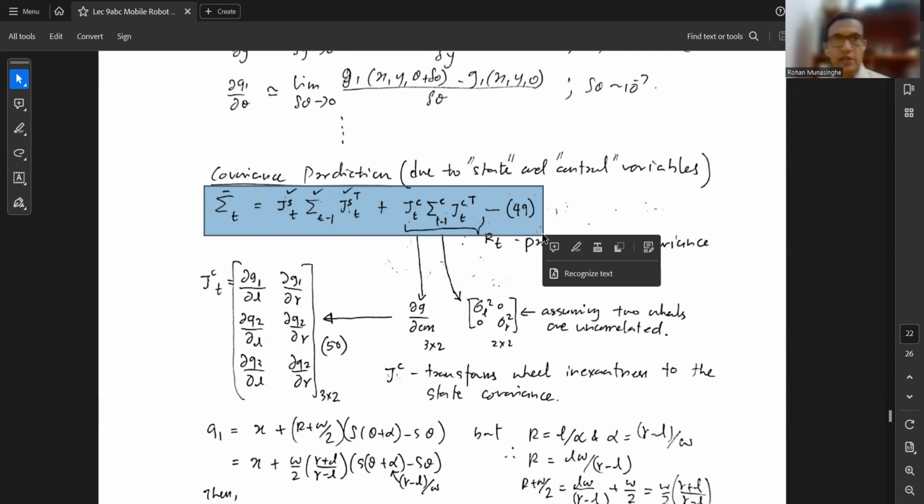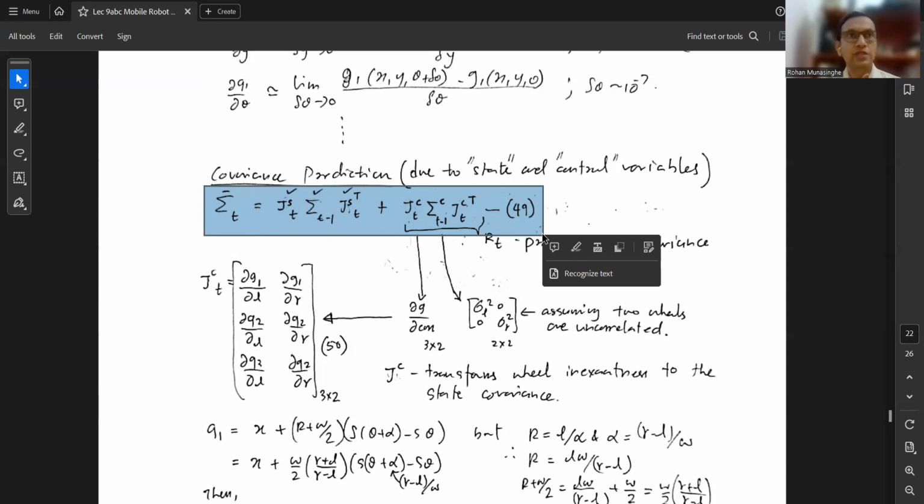I'm always telling you we are chasing after two quantities. One is the mean, the other one is the variance. I'm saying covariance because I have two variables now, x and y. So we need to execute this highlighted equation, equation 49, which has on the left hand side the state Jacobian, on the right hand side the control Jacobian.